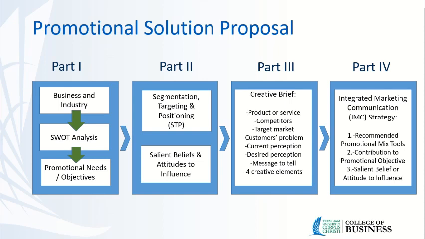But importantly, these needs and objectives that you will address are derived from the SWOT analysis. Usually, these objectives will be derived from weaknesses or opportunities that you identify in the previous part, right?